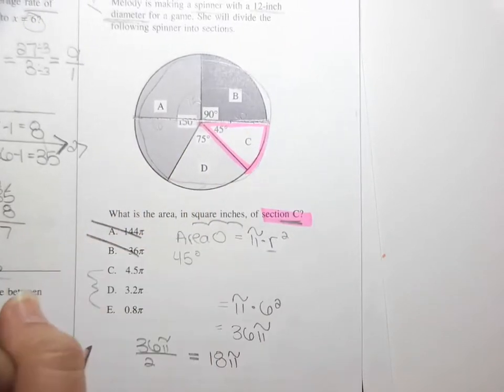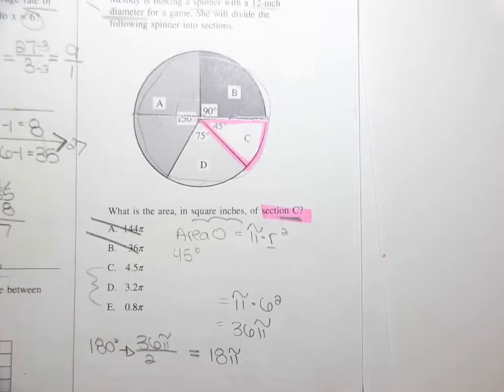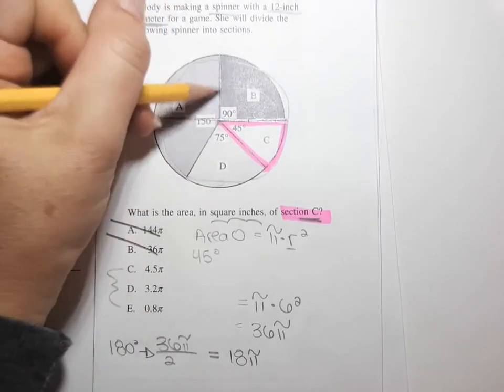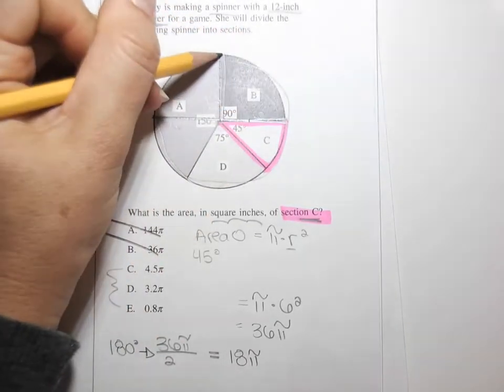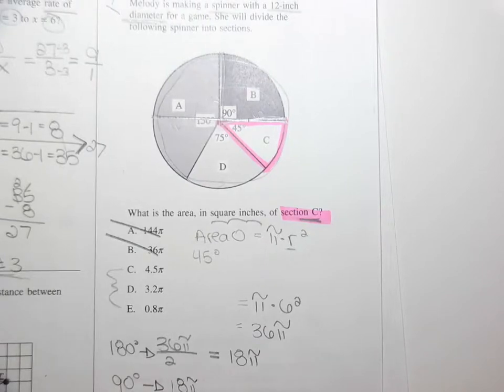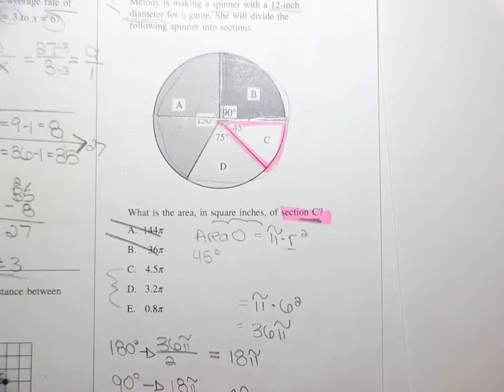That would be 180 degrees would be 18 pi. If you're still not sure, half of that again would be 90 degrees. So half the 180 degrees would be 18 pi divided by 2. 18 divided by 2 is going to give me 9 pi.